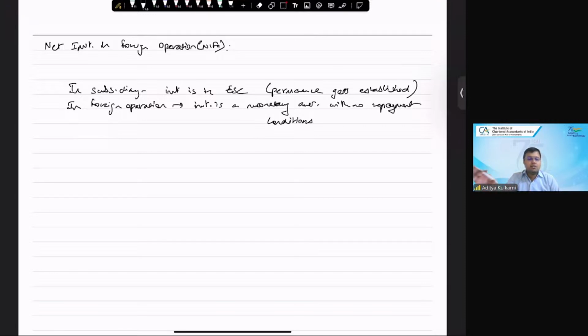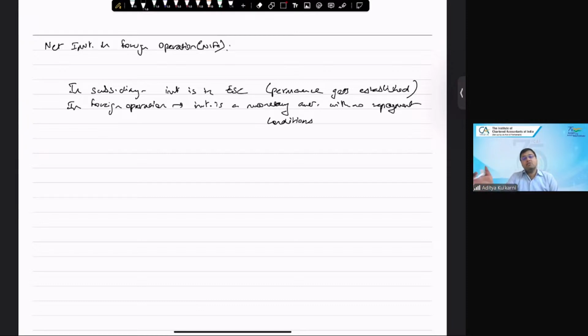Your subsidiary is newly incorporated. You put the money in the subsidiary. Subsidiary carries on the operations. Do you expect that money to come back to you? Answer is no. You can tell, yaar, wo mere paas rahe or it remains with the subsidiary. It hardly matters. What matters is the fact that I have made an investment in my subsidiary.